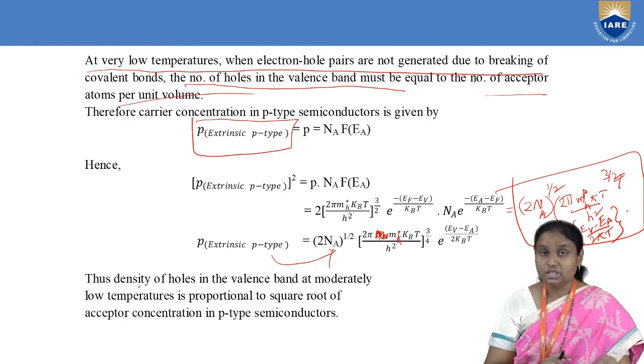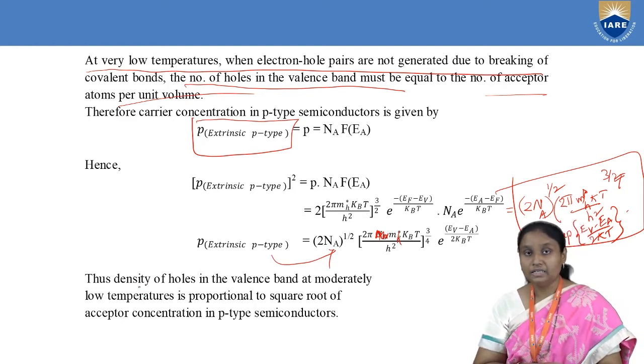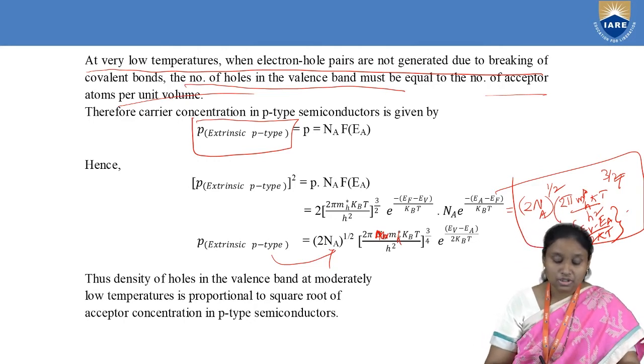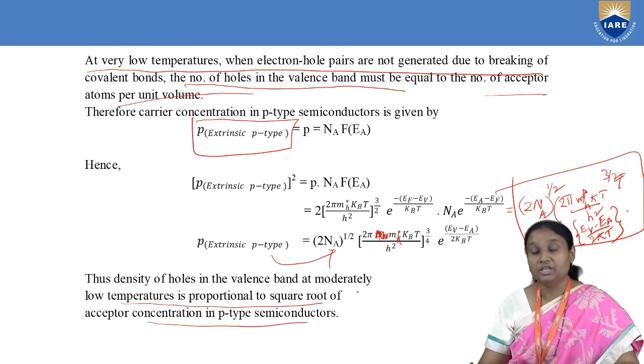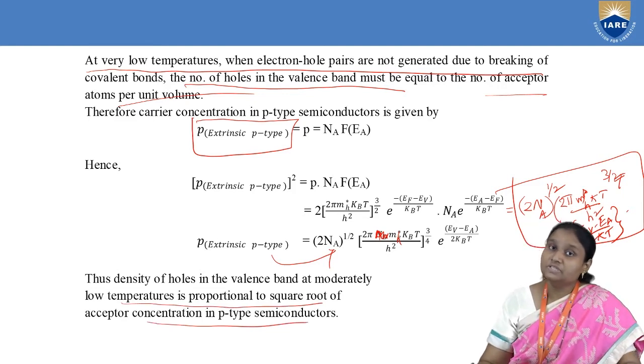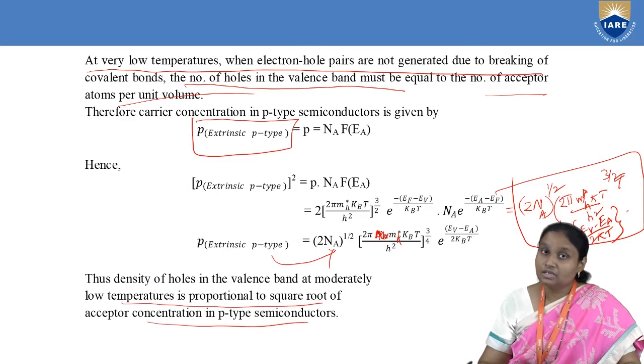So the number of holes formed in the valence band is proportional to the square root of acceptor concentration in p-type semiconductors, whereas in n-type semiconductors, density of electrons in the conduction band is proportional to the square root of donor concentration. So we got the expression for carrier concentration in p-type semiconductors.